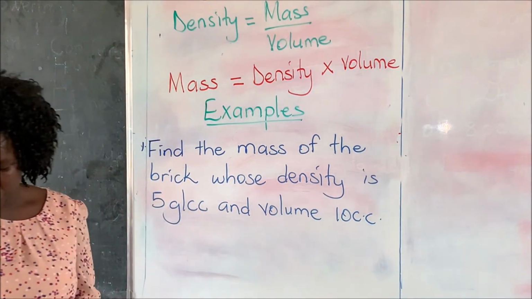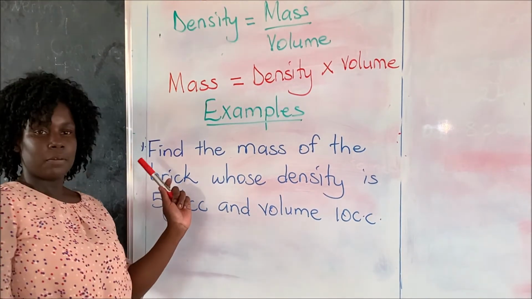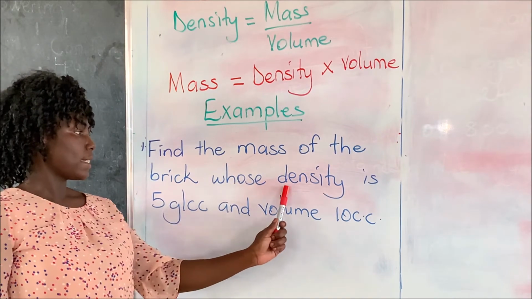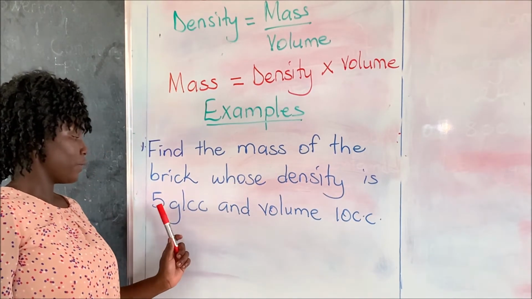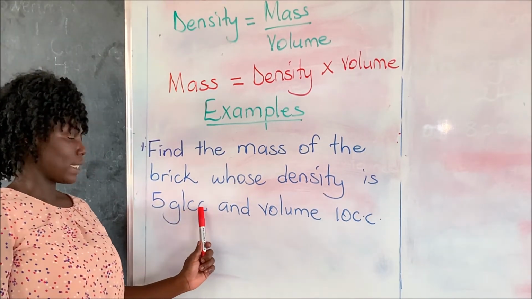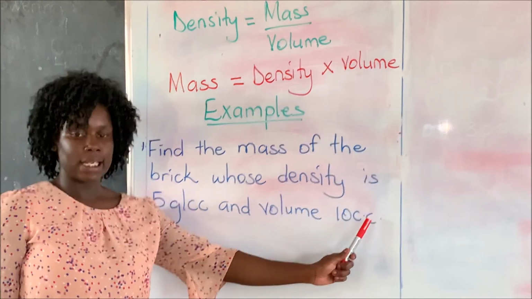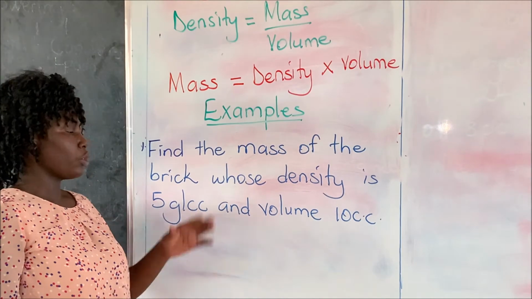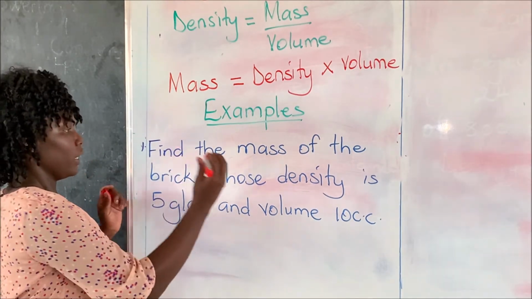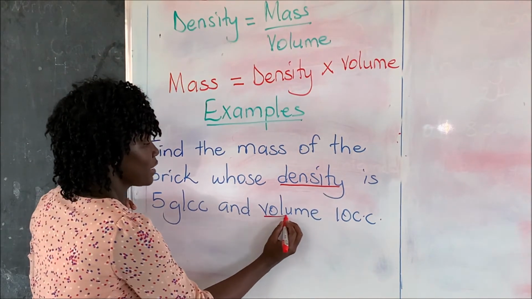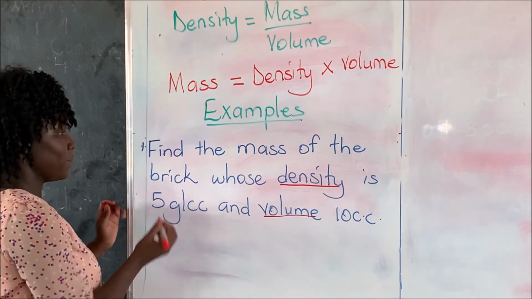Let us read the question together. Find the mass of the brick whose density is 5 grams per cubic centimeter and volume 10 cubic centimeter. Now look at the question. What is given? They have given us density, they have given us volume, and they want mass.